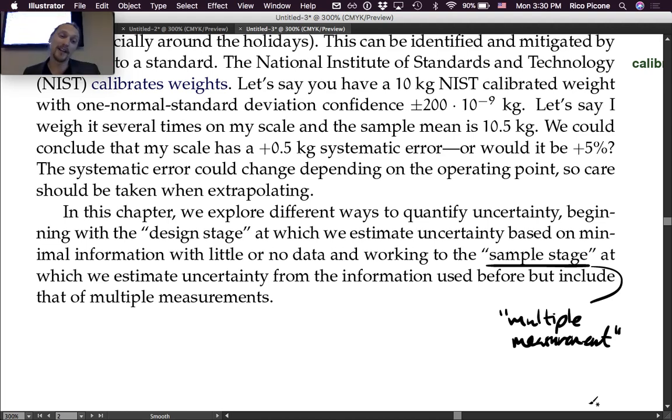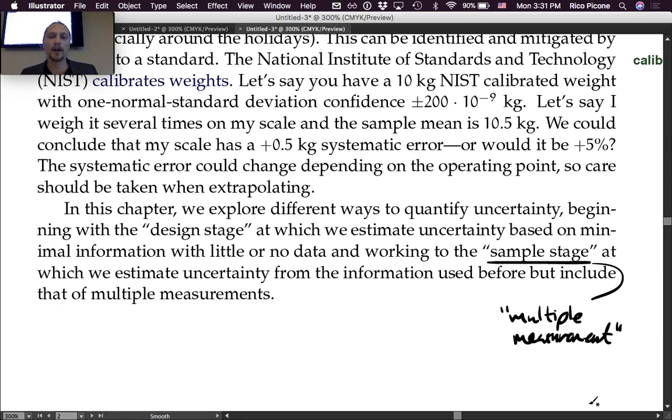Okay. So I really like this book, but I'm going to call them out. I don't like this term. I think it's a poor term. So I'm calling it sample stage because we're sampling at that point. We're using the sample to come up with the estimate of uncertainty, so therefore we're calling it sample stage. If you guys think of a better word, let me know.